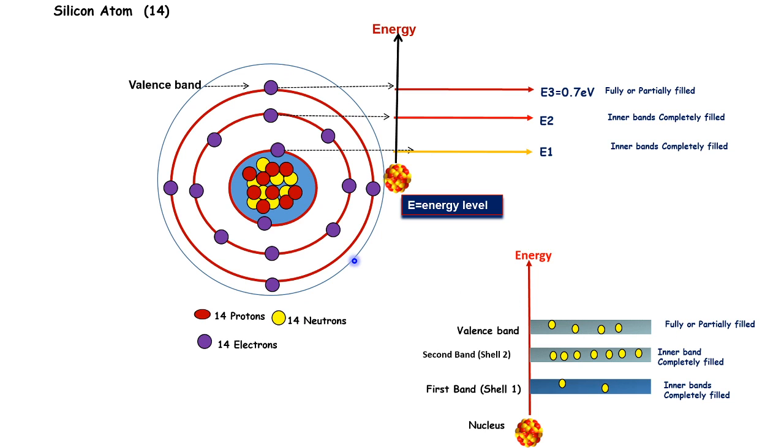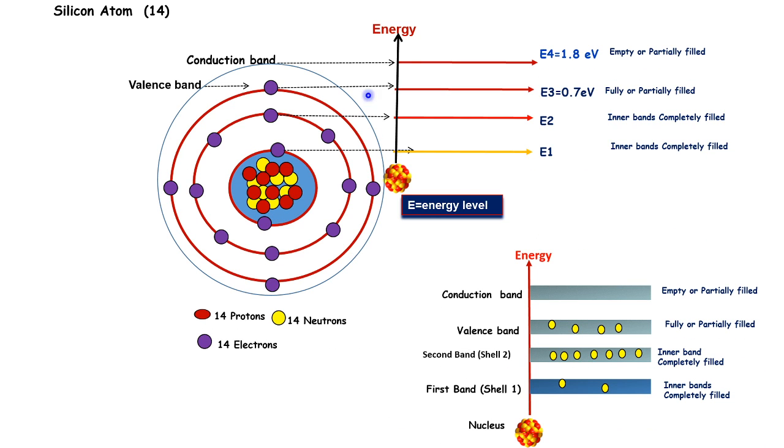Now the outermost orbit, nearer to the valence band, we call the conduction band, that is E3 and E4. It will be partially filled when a valence electron jumps into the conduction band. So here this is the empty conduction band.